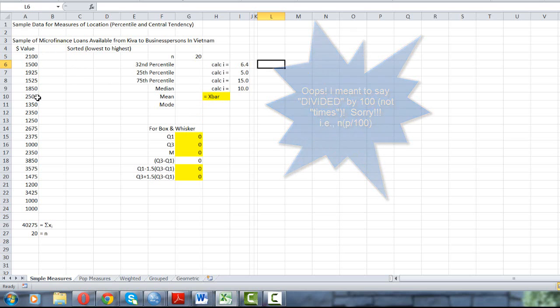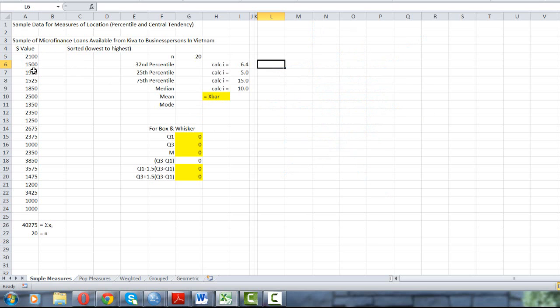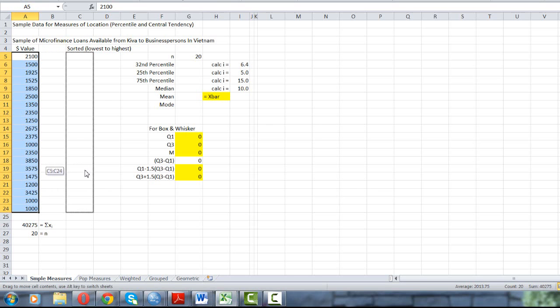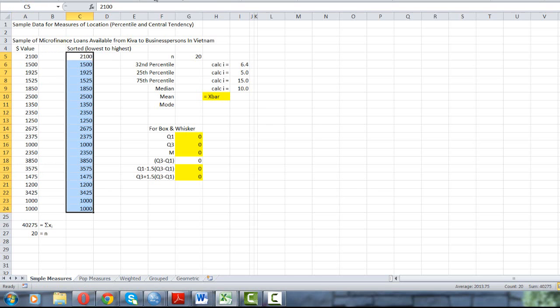Well, we don't want to do that here, and that happens sometimes, so be careful. You've got to make sure you take your data and then sort it in ascending order.